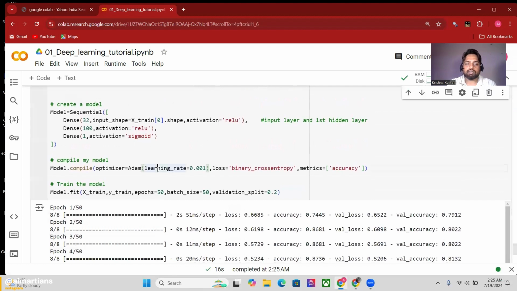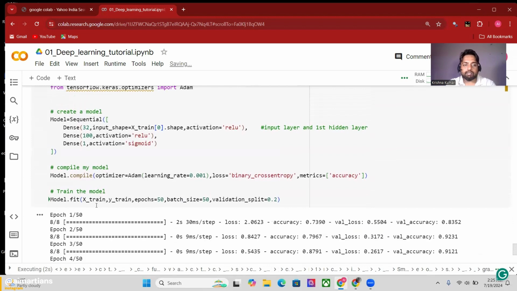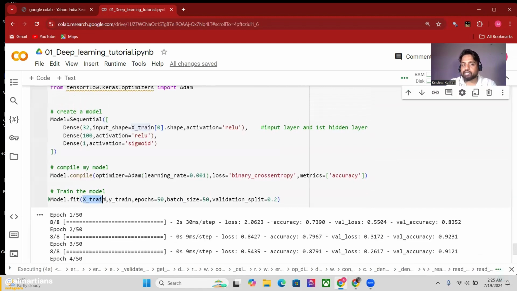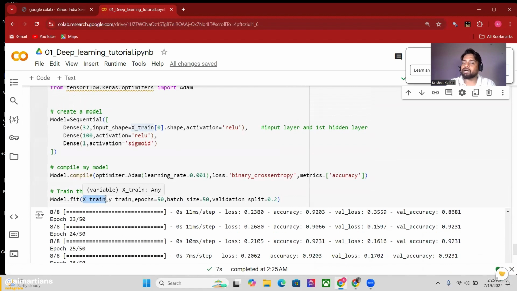Just let this cell complete. See, in this I passed xtrain and ytrain, but you guys will remember for sure that last time I scaled xtrain and stored that scaled data in the xtrain sc variable, but I didn't use it here. I forgot to use that.